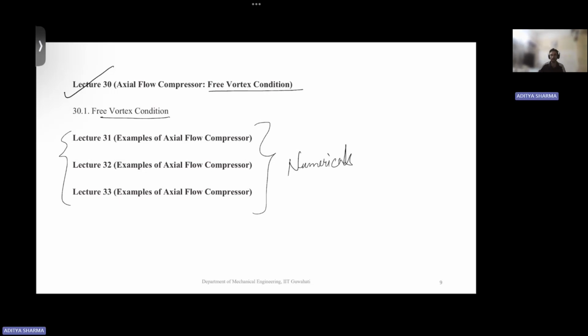I'll give the link so you can directly see the numericals there only, because all the topics that are to be discussed are there in lecture number 29 and 30. Numericals, I believe you can watch through videos only. Here, we'll solve few numericals based on that. Then what is free vortex condition?